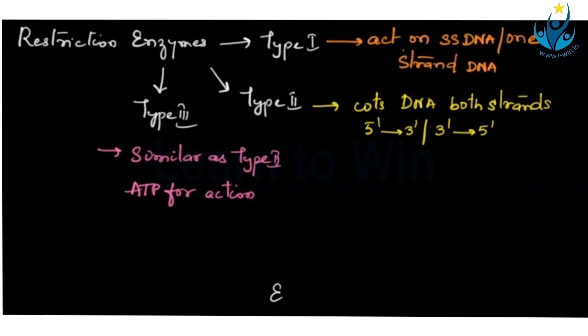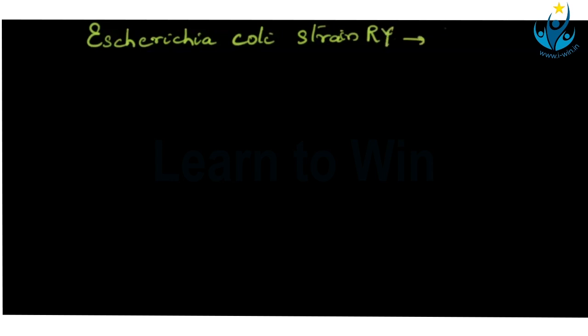So now let us name the restriction enzyme. Let us say I have taken a restriction enzyme from Escherichia coli bacteria, strain RY, and this belongs to type 1.